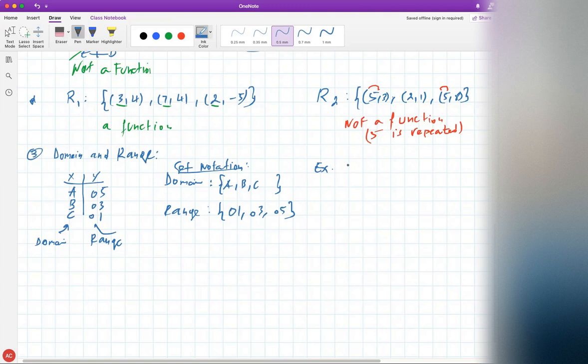I'm going to write this in the domain and range form. So here, basically, we have both of them grouped together, both the domain and range together in this notation. So that's the whole set. Now let's write the domain by itself and the range by itself.